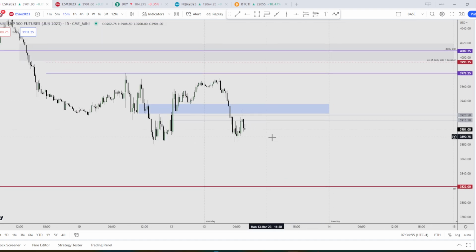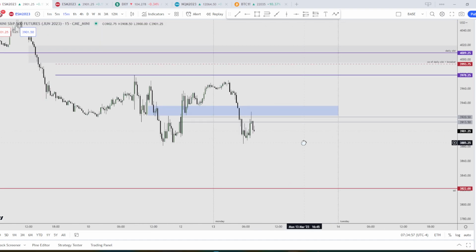I'll let the opening range play out. That means I'll be looking for trades during the London close. I think that for today would be one of the timings that I would much prefer, because I'm more experienced in that time period.